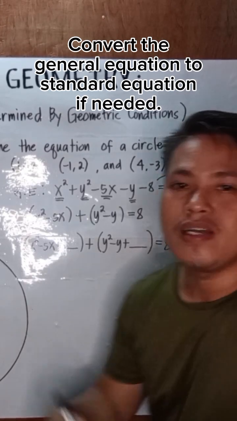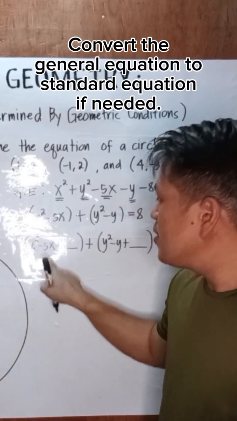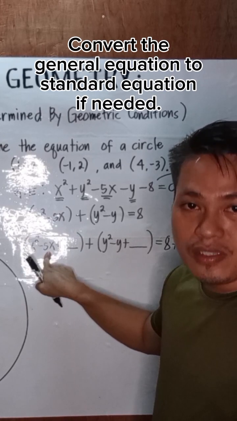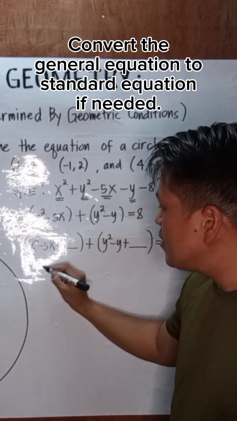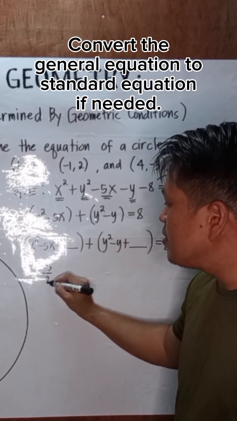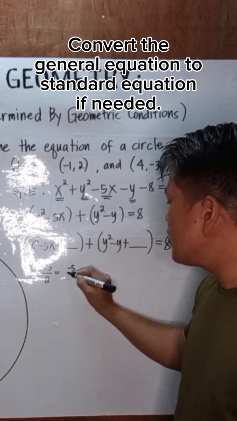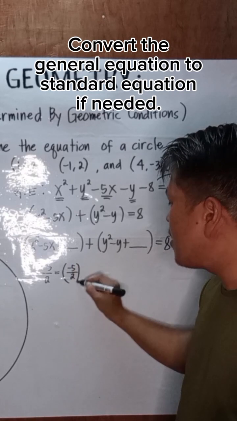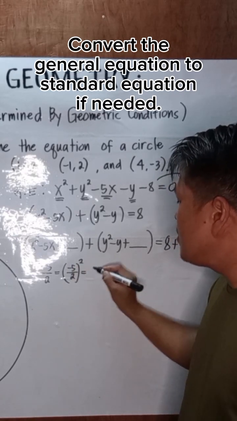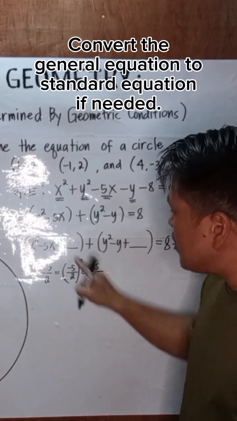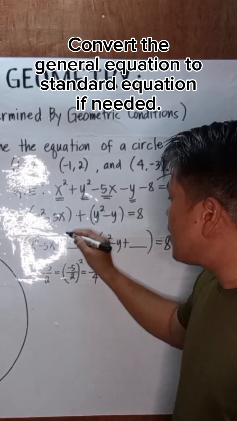So again, kung paano makuha yung third term is dinidivide natin yung middle term by 2 and then i-squared natin. On this part, negative 5 divided by 2, tapos i-squared natin. Negative 5 divided by 2 squared ay magiging 25 over 4.